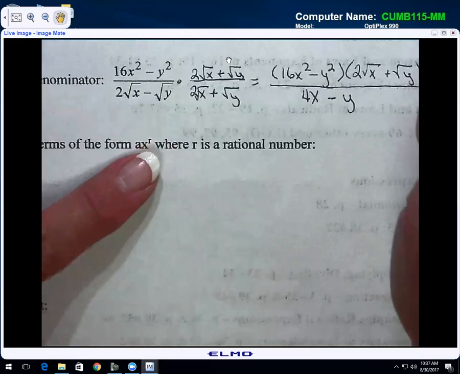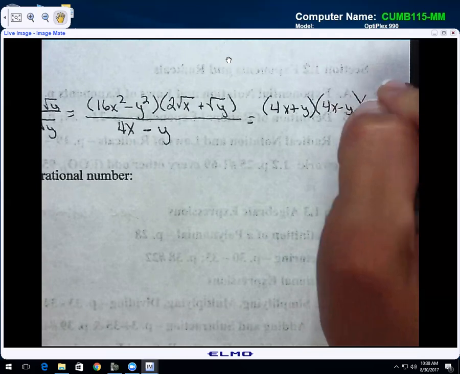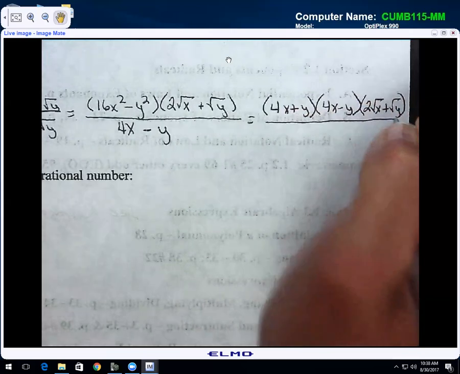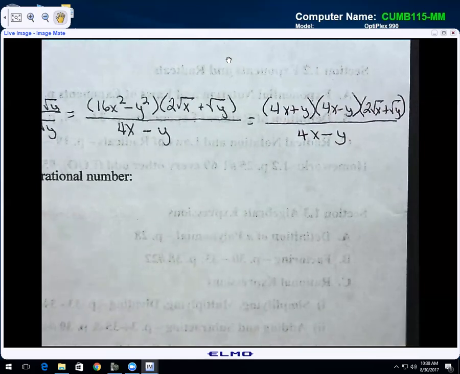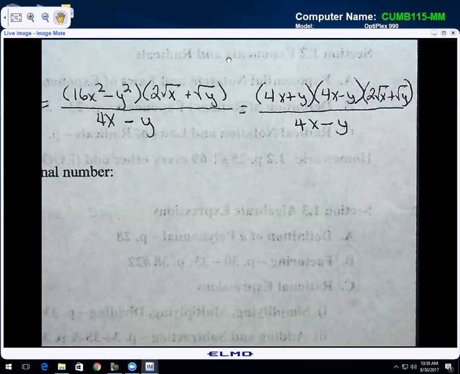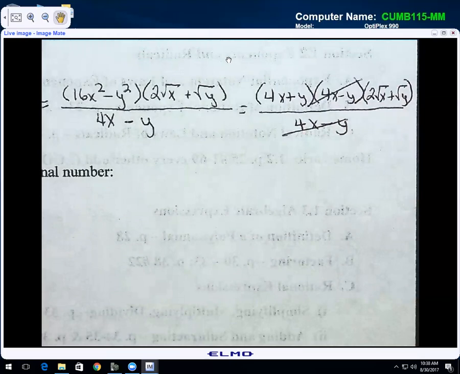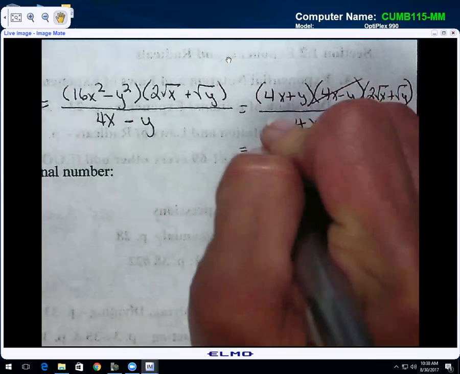So I'm going to go ahead and factor that difference of 2 squares, so that I can cancel a common factor. And here's what's left.